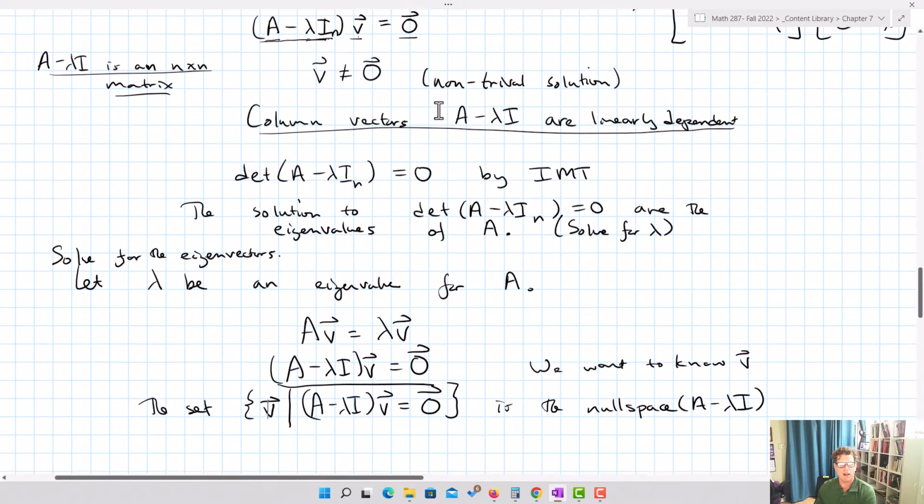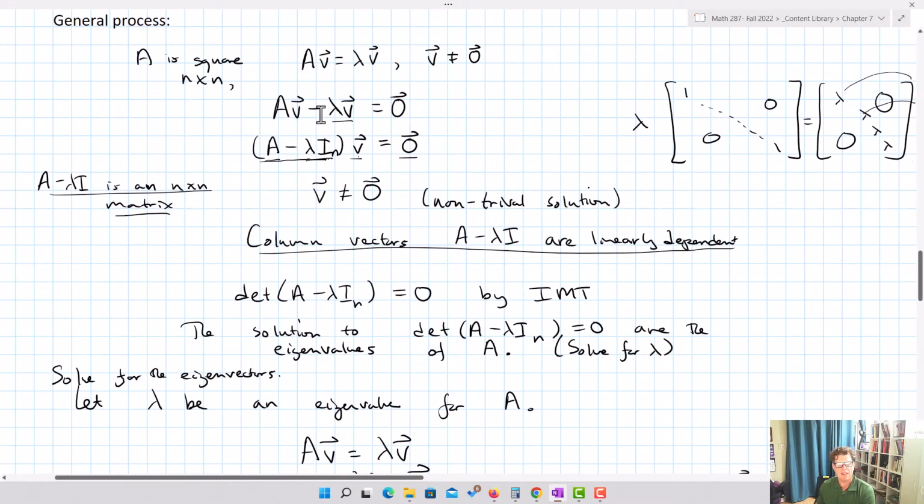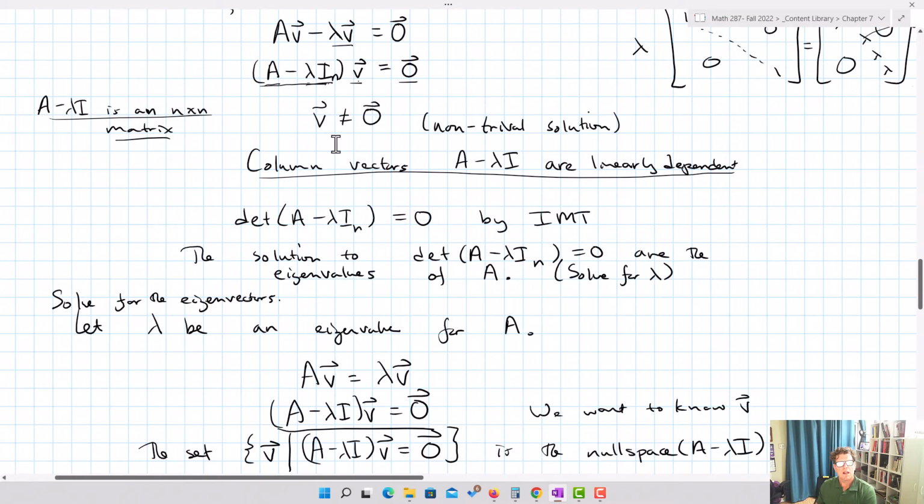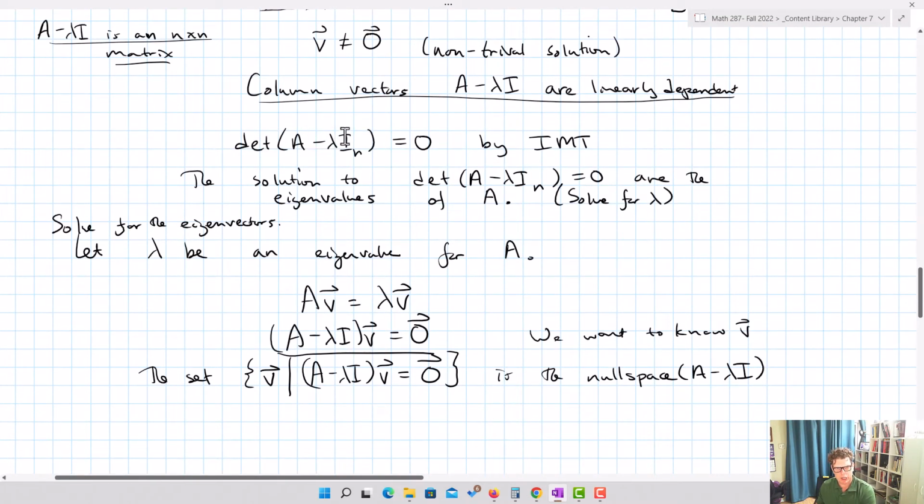We start out knowing Av minus lambda v equals 0. We get this matrix, A minus lambda I, which we're going to talk about quite a lot. In order to find the eigenvalues, we take the determinant.